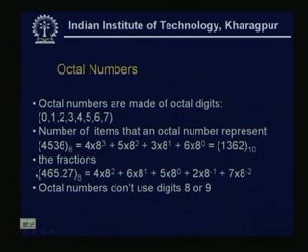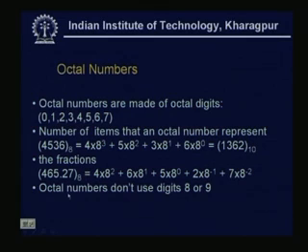The integer portion will be 4 into 8 square plus 6 into 8 to the power 1, 5 into 8 to the power 0, then the place value should be decremented, that means 2 into 8 to the power minus 1, 7 into 8 to the power minus 2, and if we compute this, we will get the decimal equivalent of 465.27 in base 8.